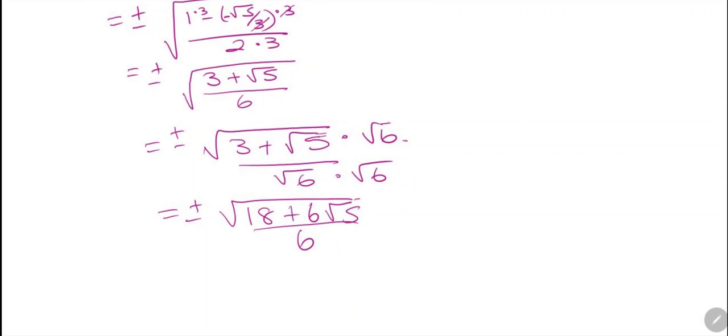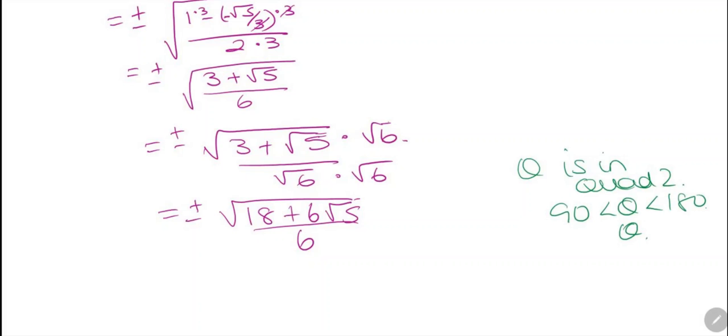So now we need to decide if it's positive or negative. Theta is in quadrant 2, and quadrant 2 is between 90 and 180. So theta divided by 2 is between 45 and 90, which is quadrant 1.